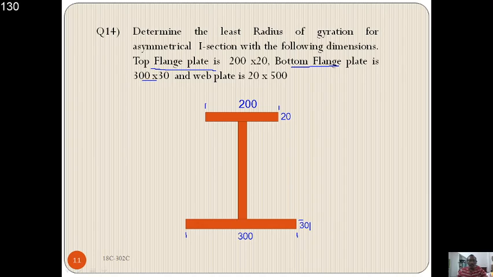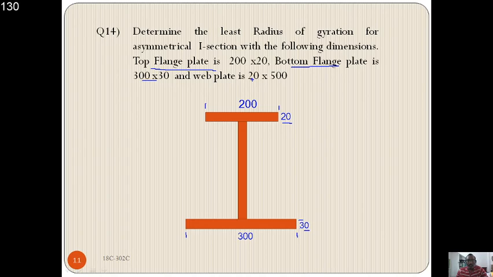Now you can see that the thicknesses vary, hence it is not symmetric. If both were the same, then we could say there is some possibility of symmetry. That's the first point. And the width also, you can see this is 200, this is 300. Hence this is not a symmetric section, it is an asymmetric section.